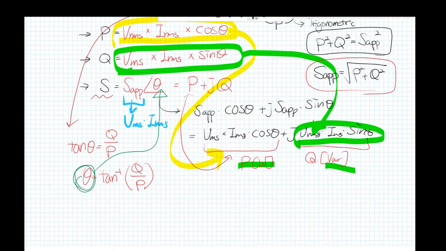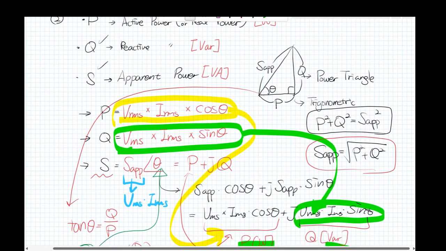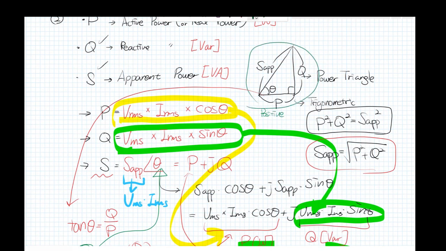So one more thing. If the P value is positive, from the power triangle, P is horizontally to the right. Okay.